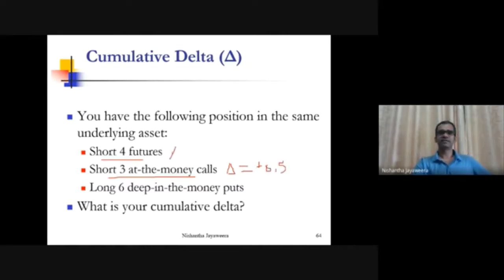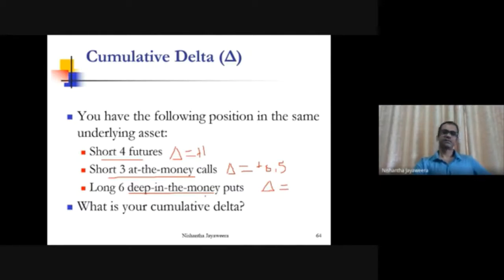What is delta here? Futures, delta is always plus 1. Deep in the money puts, what is delta? Minus 1. So you cannot say deltas are not given. At the money, deep in the money, we know what the delta is.